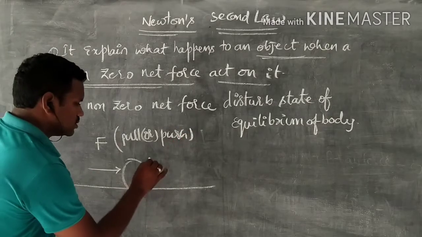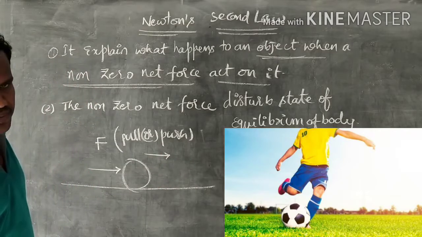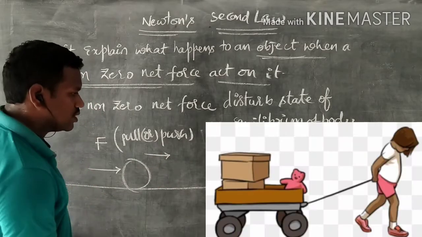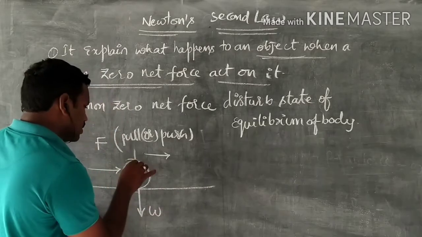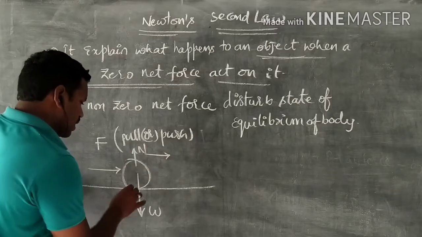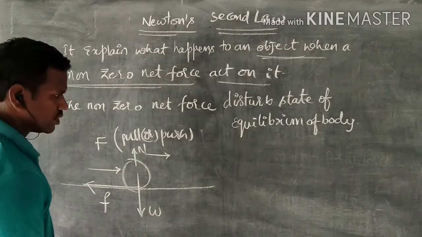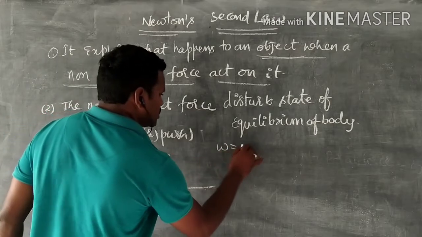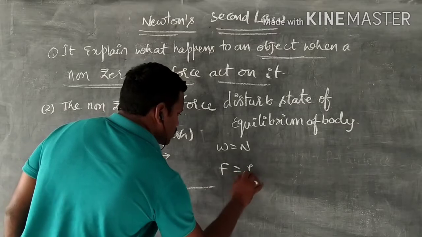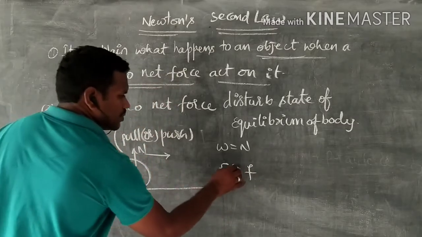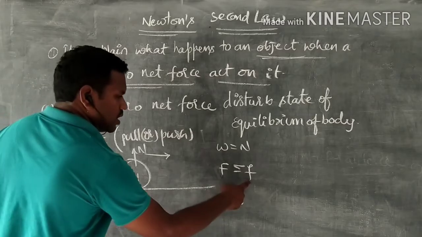Then what happens? The body will come into motion. On this body there is the gravitational force W, the normal force N, and the opposing friction force. We know that W is equal to mg. The capital F indicates the force we applied and small f is the friction.